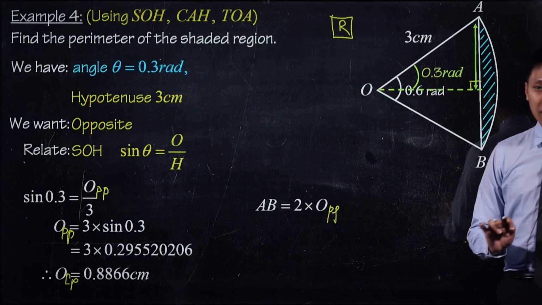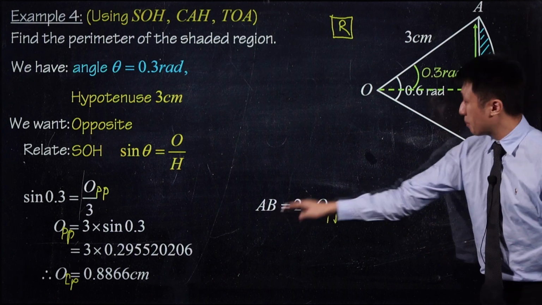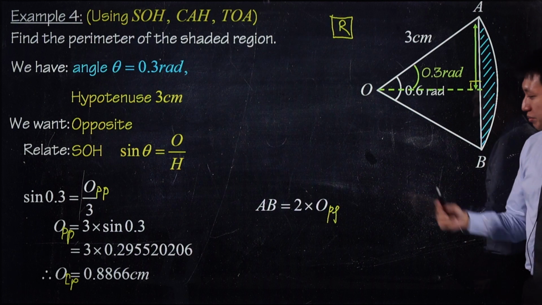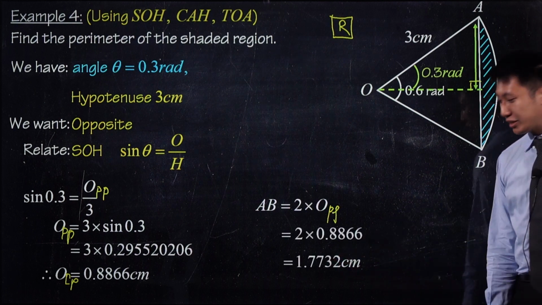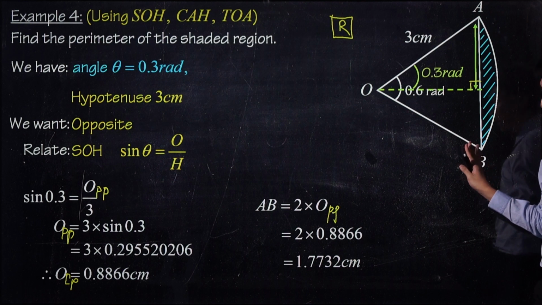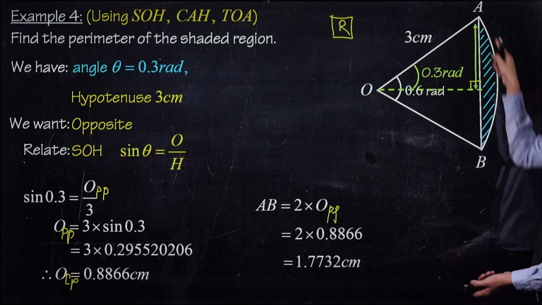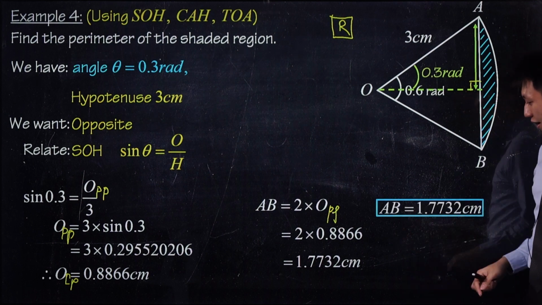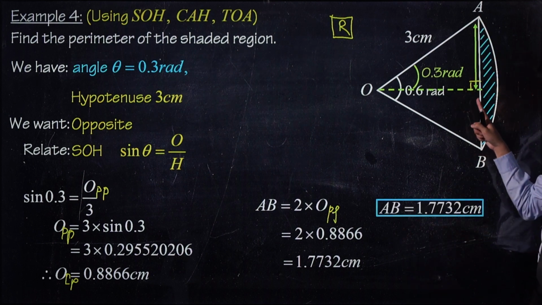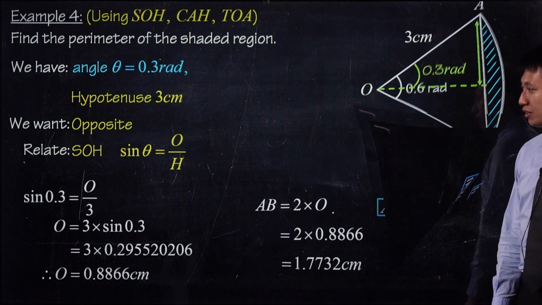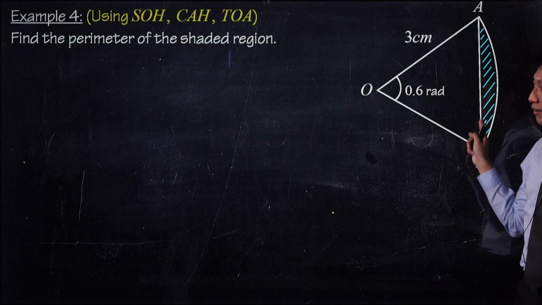AB means 2 times the opposite here, which is 1.7732. So I have gotten this one. Then I just need to find the arc in order to complete the question. So line AB is 1.7732. Then I move on to work on the arc.